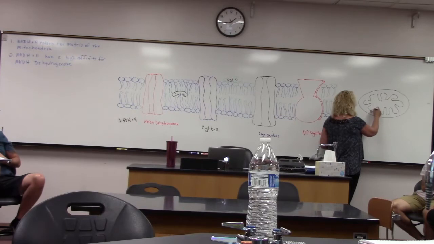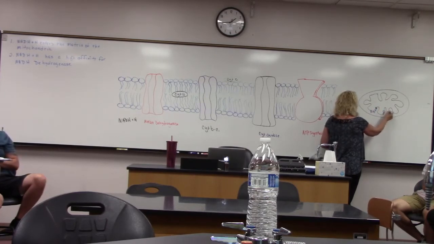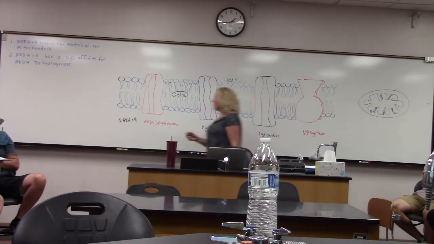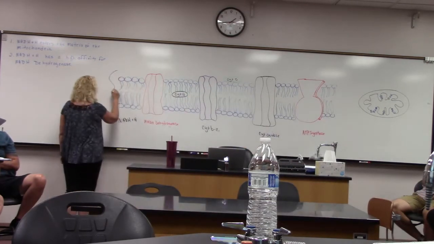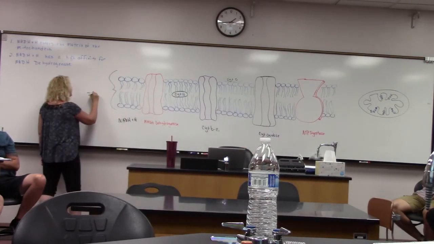So you have this chain, and you have multiple chains like this all over the inner membrane. So you have hundreds of these electron transport chains all throughout this inner membrane. So this region right here is what we would refer to as the inner membrane.